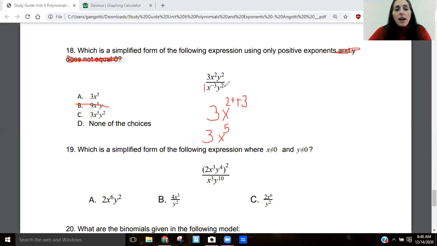And then y squared over y squared, well, that'll be y to the 2 minus 2, which is 0. And anything to the 0 power just goes to 1. So we actually lose the y. It's not going to be there anymore. We could actually erase it. So your answer is just 3x to the 5th.